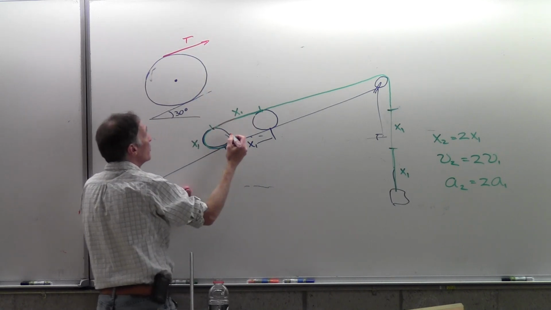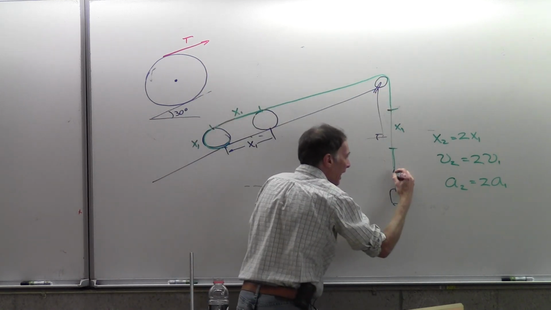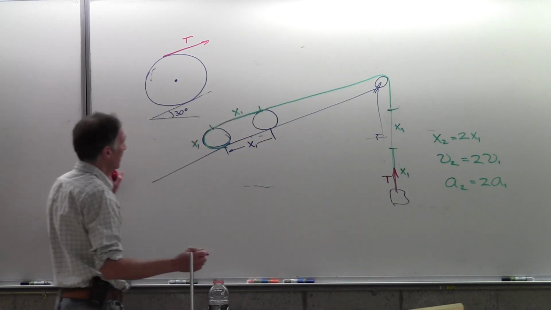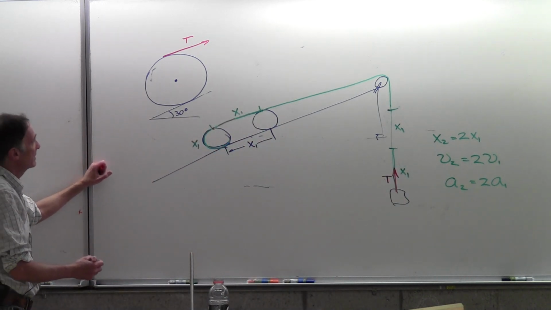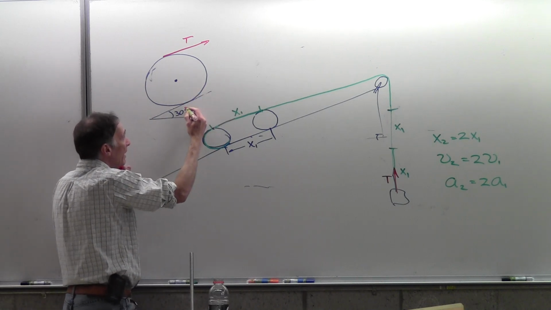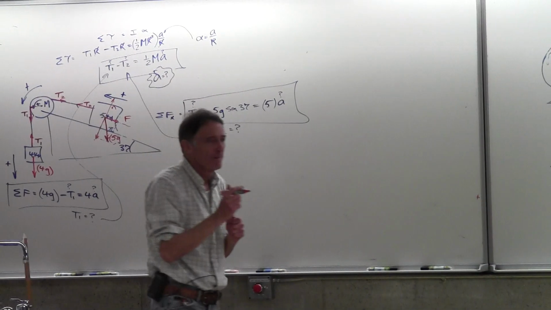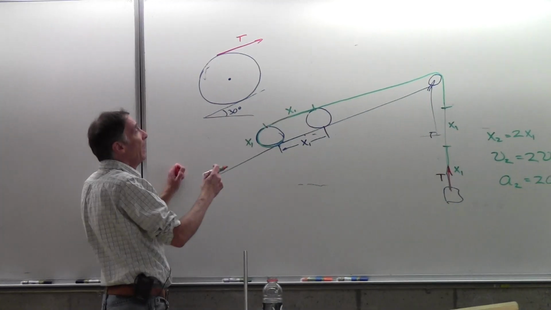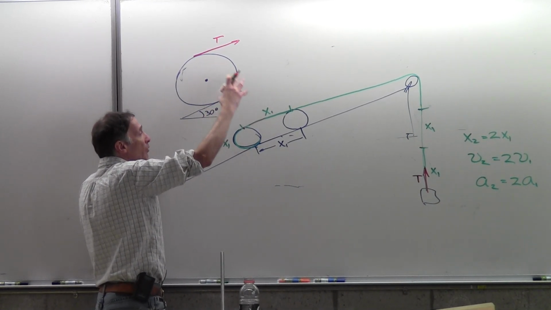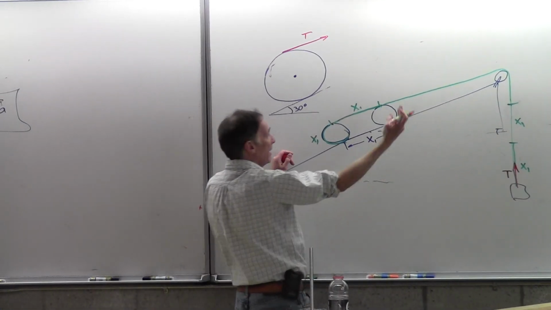And I don't need to concern myself with T1 since I've got an ideal massless frictionless pulley. I'm going to have the same tension applied to this. So that's like the good old days. That's just going to be the same. Now this is going to roll without slipping. Is there going to be some friction involved with that? Okay, if it was slippery, this thing would just tend to slide down the incline, pulling this thing up.